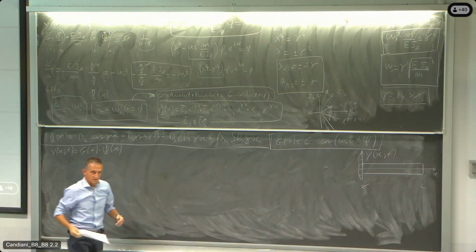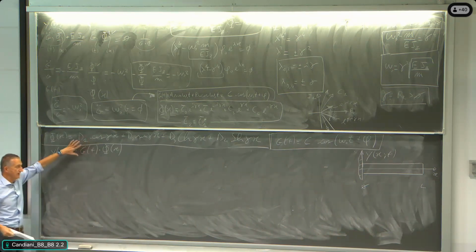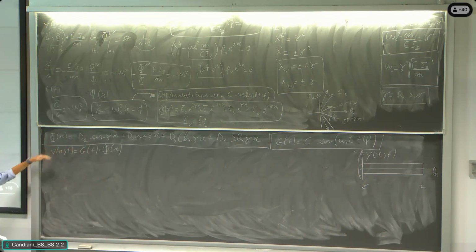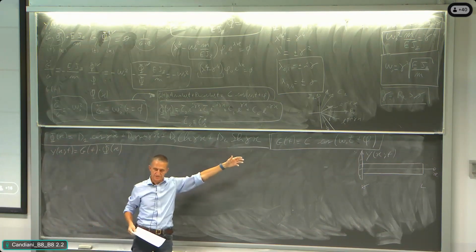So what we do, we play with the boundary conditions in order to write the free motion. The functions we are writing here are representative of the free motion of the system.